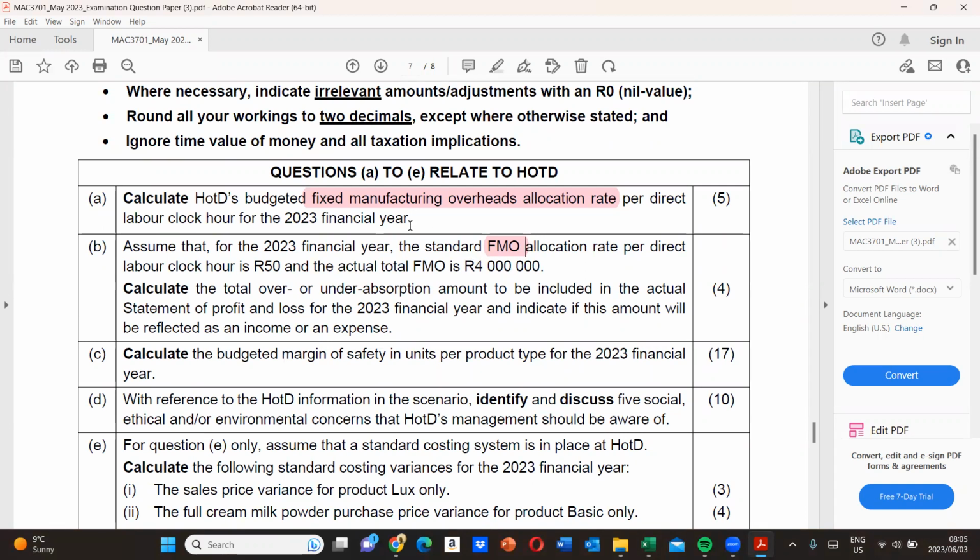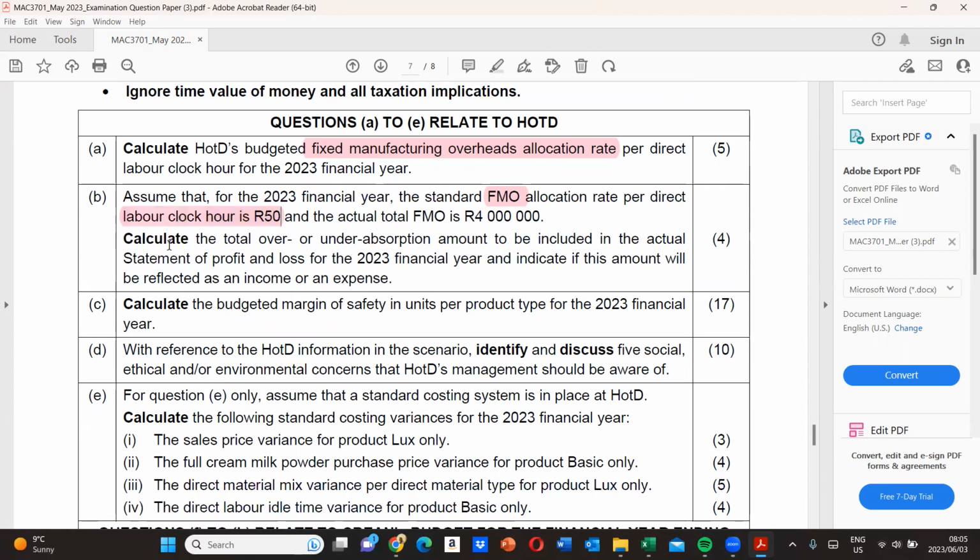Now, what do they mean? Here they asked you to do the calculation of fixed manufacturing overheads, and then in the question below they just say, assume that the calculation for part A is actually 50. So they're giving me sort of a hint, and they want you to proceed from there.